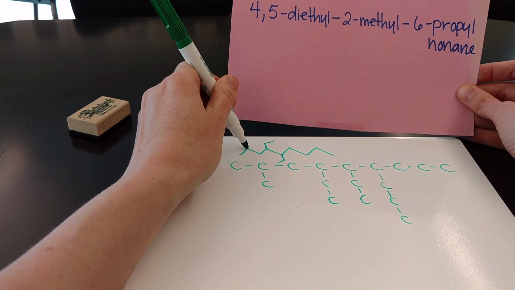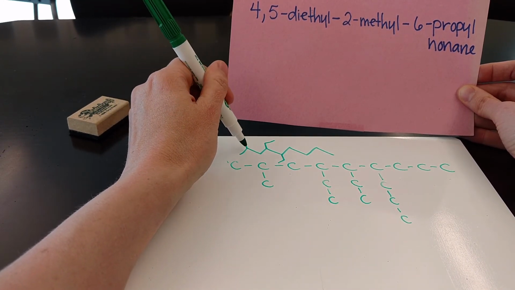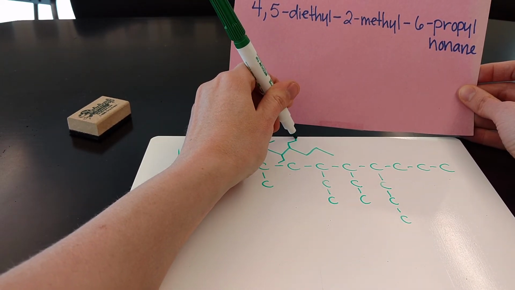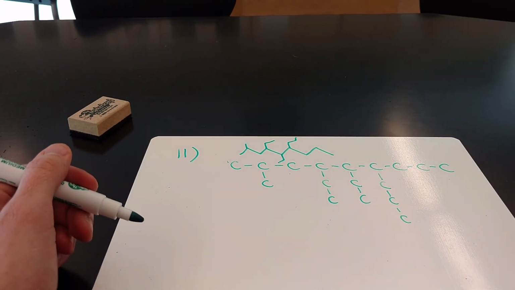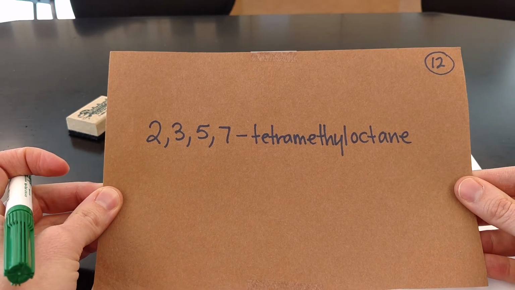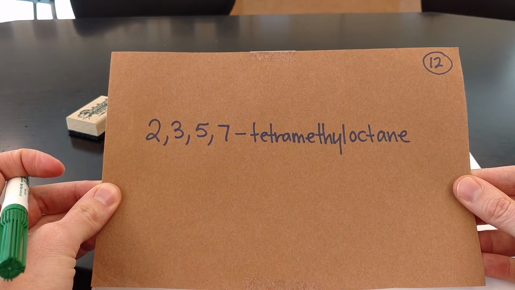Coming off of carbon number 2, I have a methyl. And coming off of number 6, I have a propyl. So 1, 2, 3, 4, 5, 6. Propyl is 1, 2, 3. There you go. Okay, last but not least, pause the video and try and draw 2,3,5,7 tetramethyl octane.